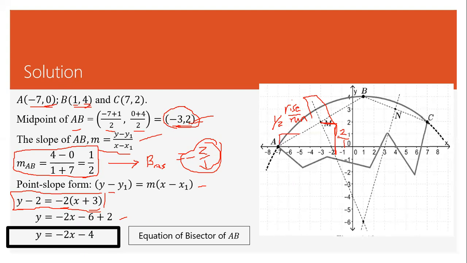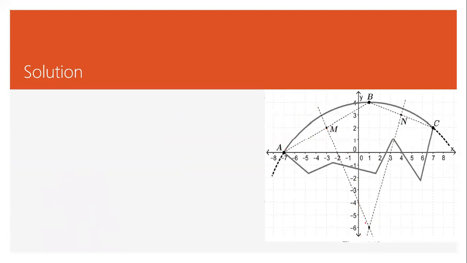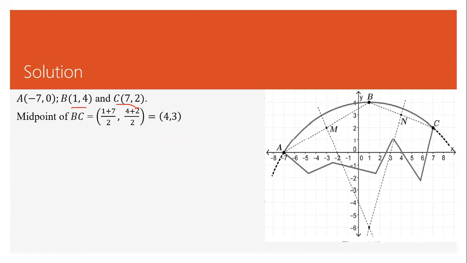Next, we will determine the bisector of BC. Since the two bisectors pass through the center, we need the equation of the other bisector, so we will use points B and C. The same process: we determine the midpoint of BC because that is the location of the bisector line of BC.